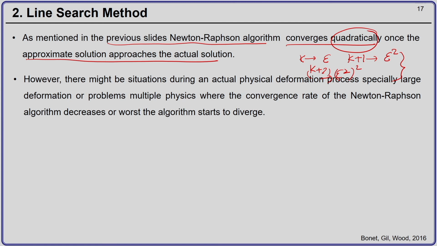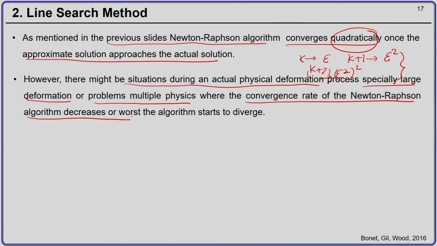However, there might be situations during an actual physical deformation process, especially when dealing with large deformation problems or problems with multiple physics, where you will find that the convergence rate of the Newton-Raphson method decreases, or worse, the algorithm will start to diverge.